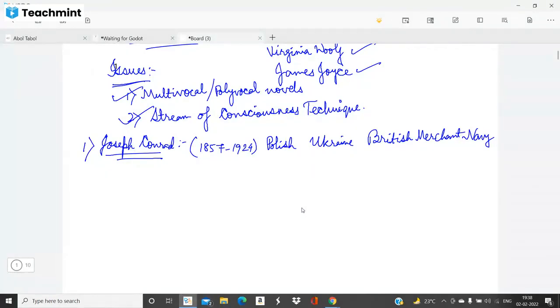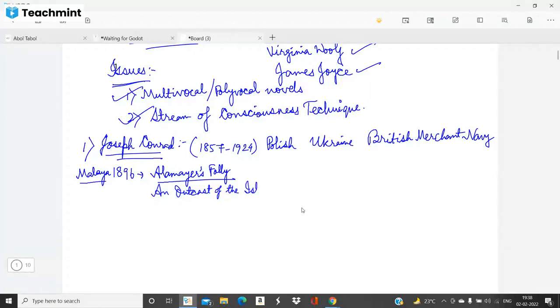So, in 1896, his voyages in the region of Malaya, what we know as Malaysia right now, bore fruit in a novel called Almayer's Folly, as well as in An Outcast of the Islands.